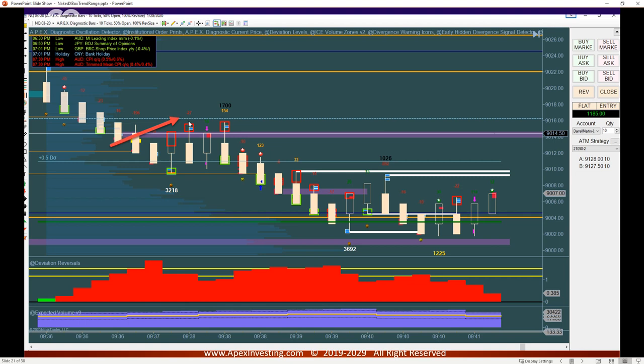So this is where you move your stop. You enter the trade. If you're using an ATM strategy, your stop would automatically be right there. You need to manually move your stop a tick above that level. Had you done that, and that's one of the rules, right? Just one tick, Carl.